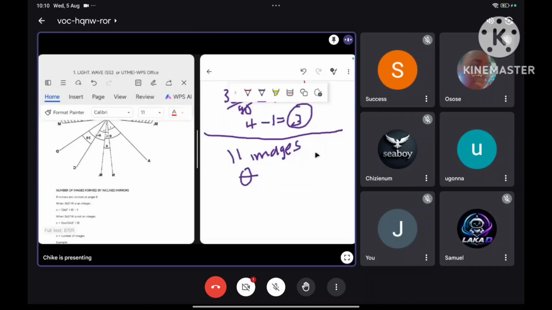This is WAEC 2018 question 23. Two mirrors are inclined to each other such that an object placed between them has 11 images. Determine the angle of inclination.